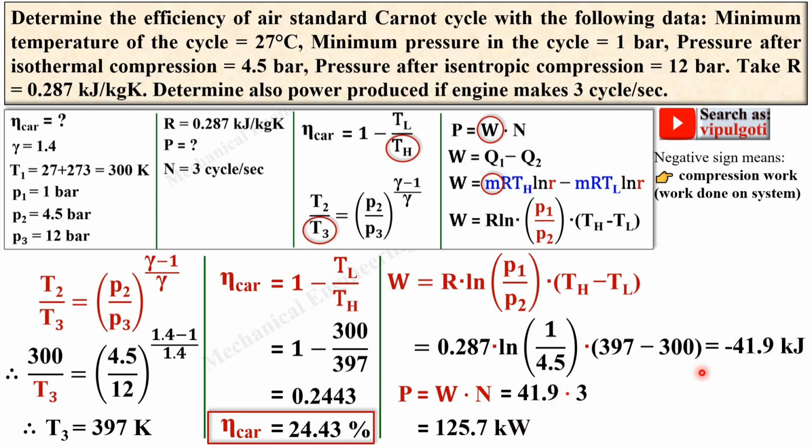My dear friend, keep in mind, here the negative sign only indicates the work done on the system, but the magnitude is 41.9. That's why I have put over here 41.9, because we want to find the magnitude of the power. So this is your second answer. So make a box.